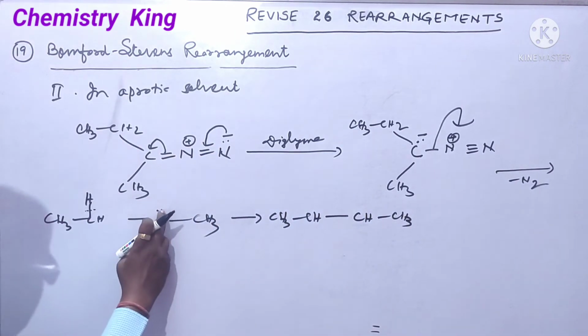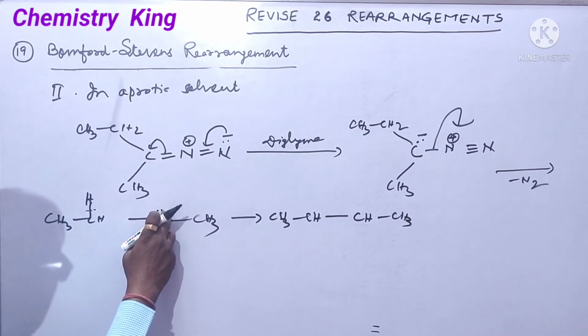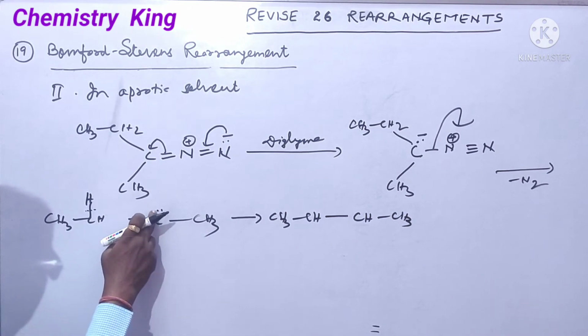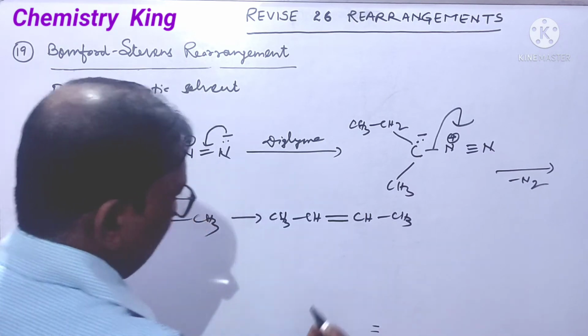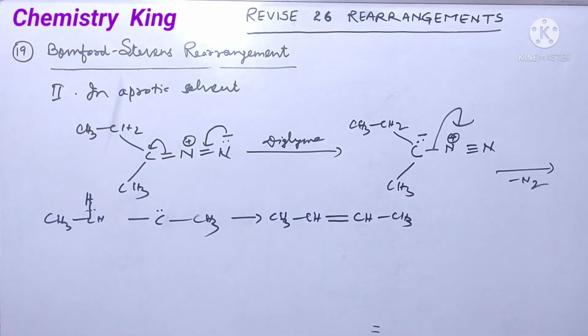This carbon dot and this carbon dot will combine together, giving rise to a double bond. Thus, you are getting more alkylated alkene in Bamford-Stevens rearrangement.